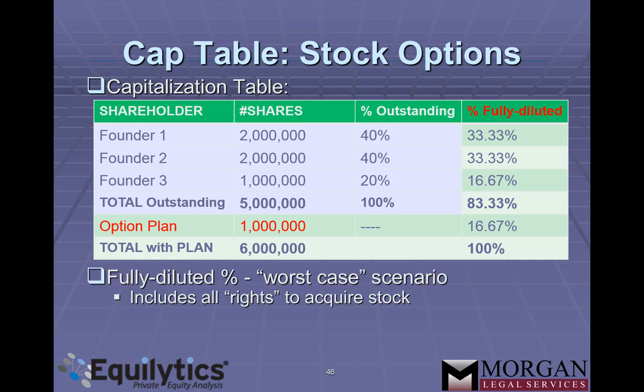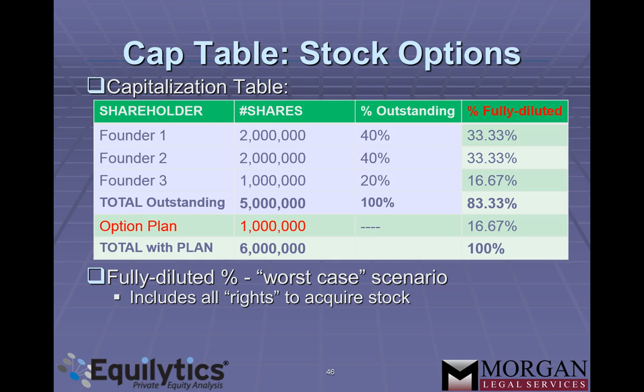So what is the fully diluted percent? This represents a worst case scenario in looking at the holdings or the percent of the company owned. So this treats all of the rights to acquire stock, and in our case it would treat all of the 1 million shares that are set aside under the option plan and could be granted and could be exercised as if in some future date they were in fact granted and exercised.